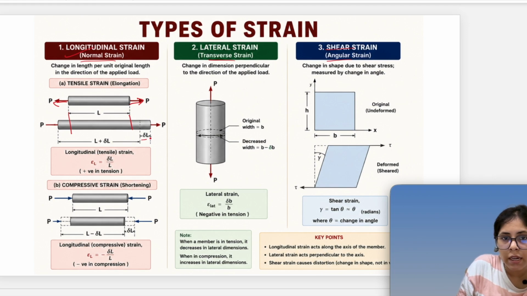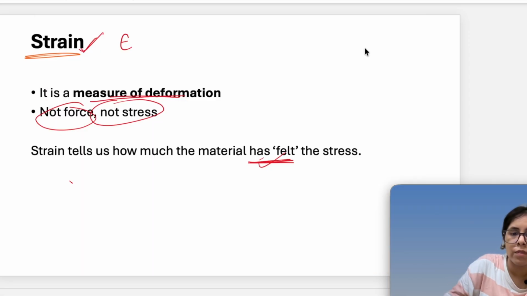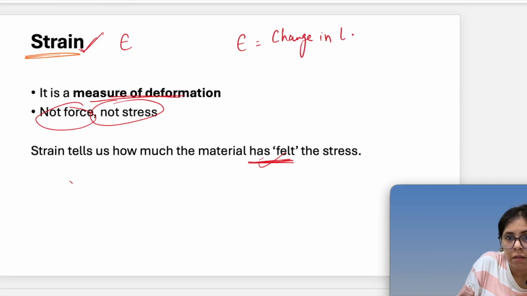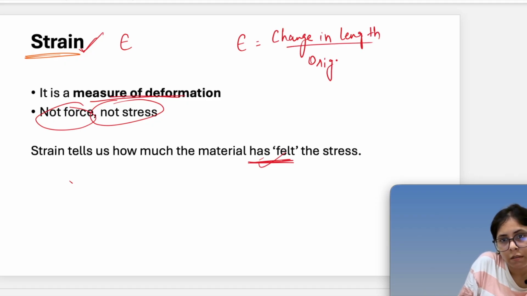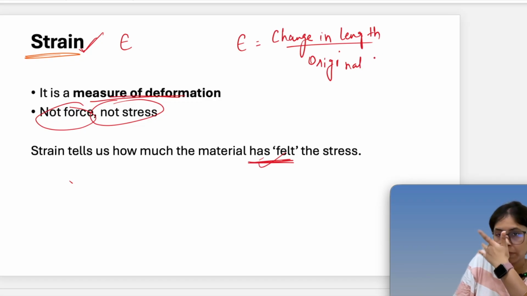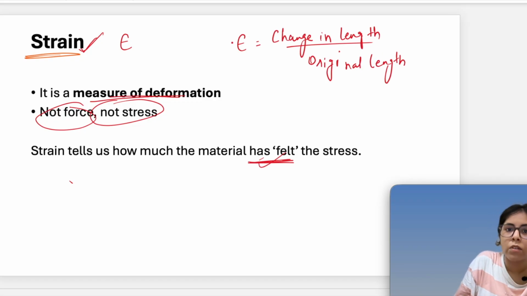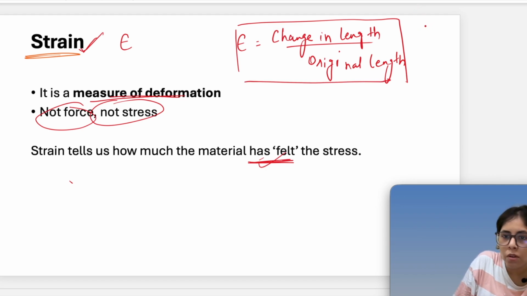Let's say it's delta L, so it will become L plus delta L. So the longitudinal tensile strain will be epsilon L. Epsilon is nothing but change in length upon original length. So this is the formula for strain.